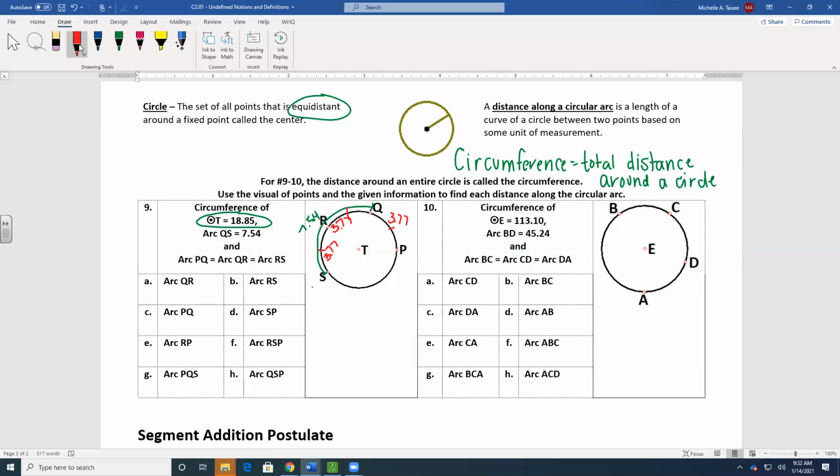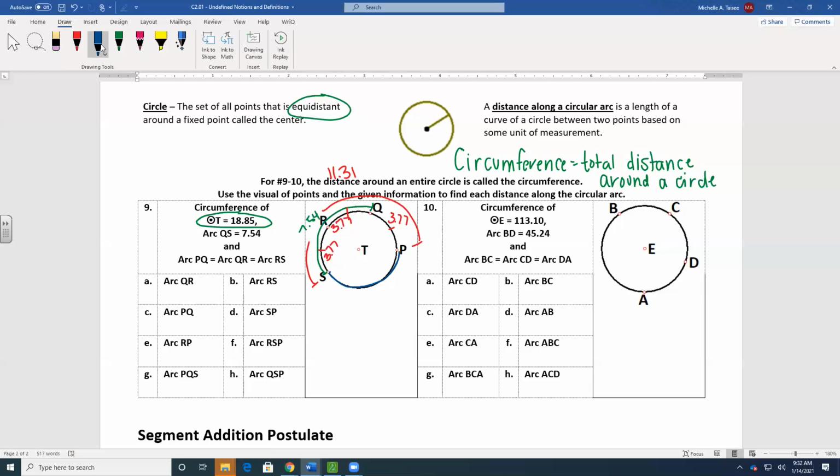So how long is this long distance with all of these added together from S to P? If I add up those 3 congruent pieces, how long is it from S, hit R, hit Q, hit P? 11.31.